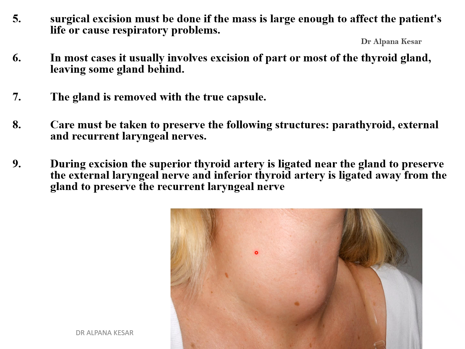Care must be taken to preserve the following structures at the time of removal of the thyroid gland, and they are the parathyroid glands, the external and the recurrent laryngeal nerves. During the excision of the gland, the superior thyroid artery is ligated near the gland to preserve the external laryngeal nerve. An inferior thyroid artery is ligated away from the gland to preserve the recurrent laryngeal nerve.